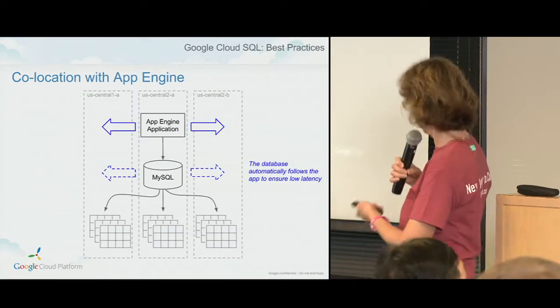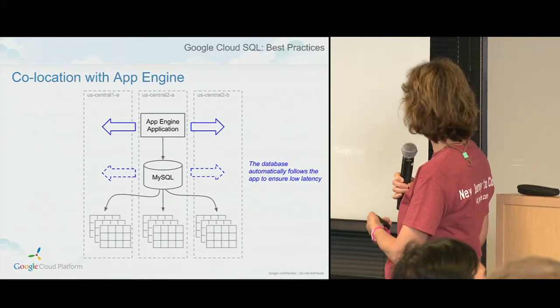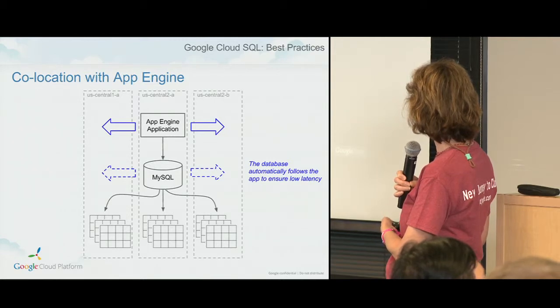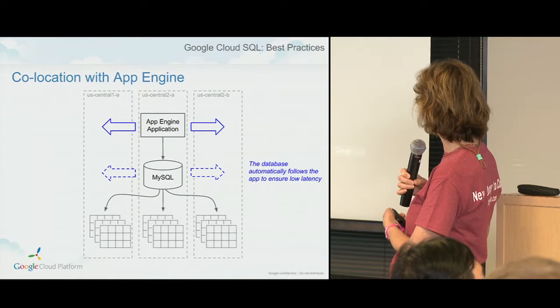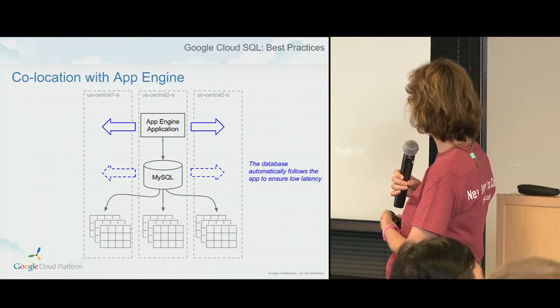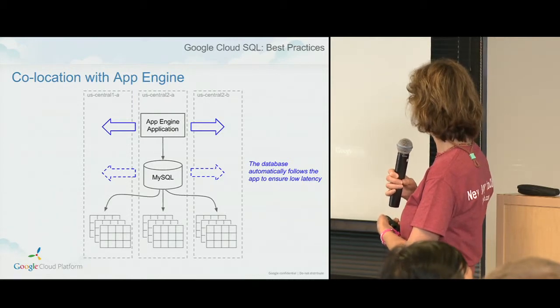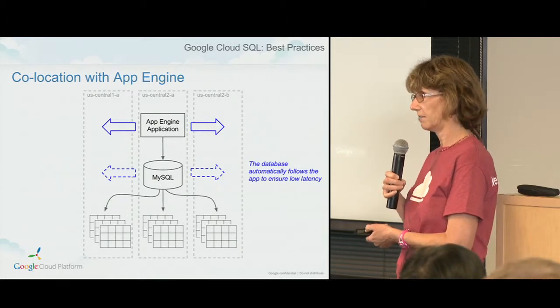So hopefully this might make it a little bit clearer. In this example, we have 3 different regions in the US, and we have a MySQL instance. It has an App Engine application that connects to it. If this App Engine application gets moved to a different data center, then the MySQL instance will be moved with it to try and help keep the latency low.